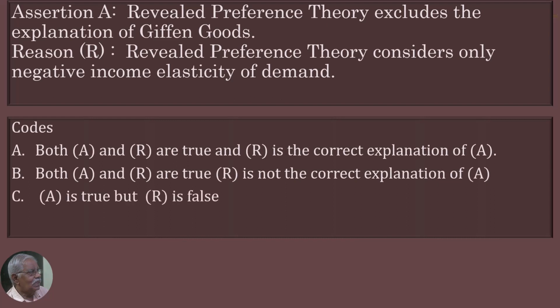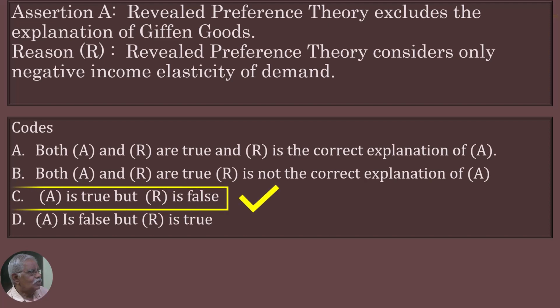Both A and R are true, and R is the correct explanation of A. Both A and R are true, R is not the correct explanation of A. A is true, but R is false. A is false, but R is true. The correct answer is A is true, but R is false.